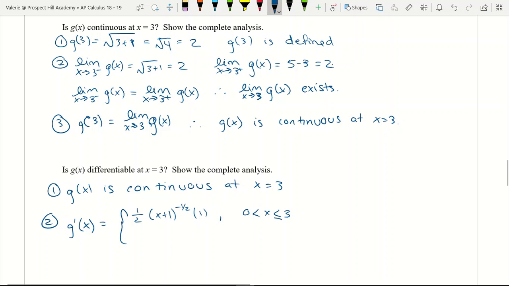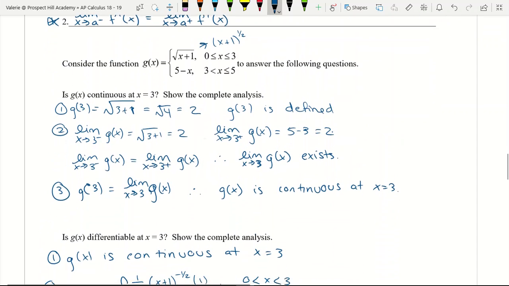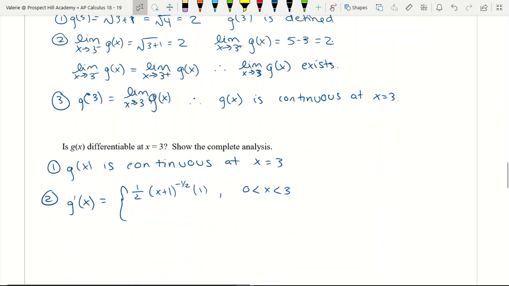And then we have the derivative of the second one, which the derivative of 5 minus x is just going to be negative 1. And that's when x is between 3 and 5.